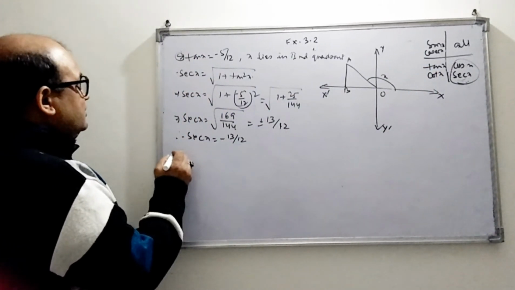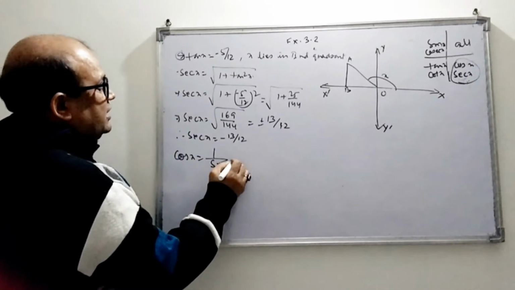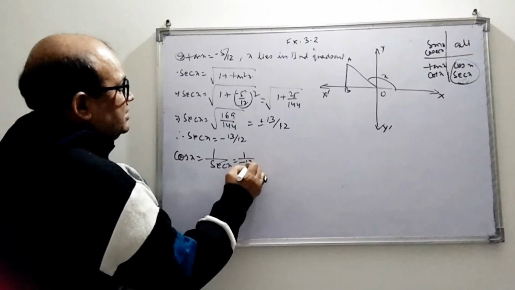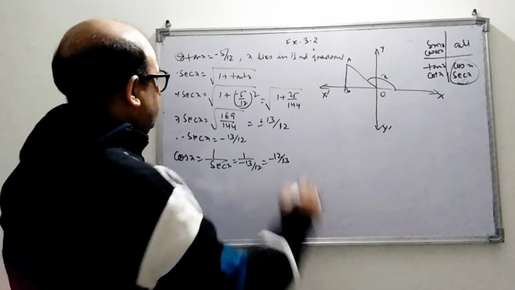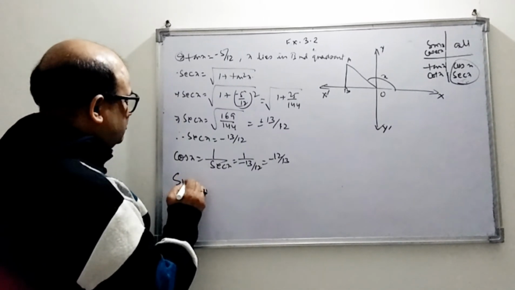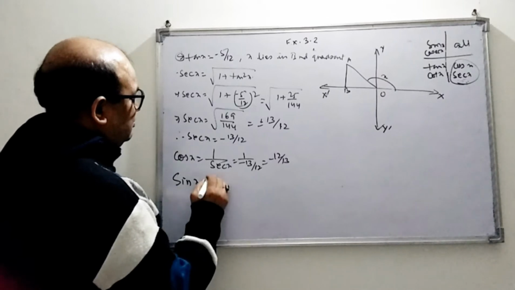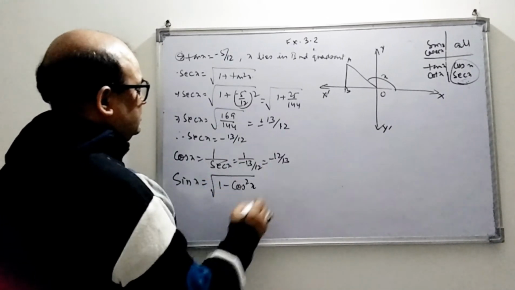Now, next is cos x. Cos x is the reciprocal of sec x. That is 1 by minus 13 upon 12, that gives you minus 12 upon 13. Next come to sin x. We know sin square x equals 1 minus cos square x.